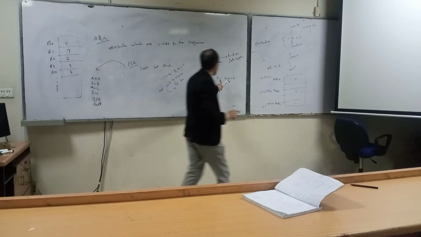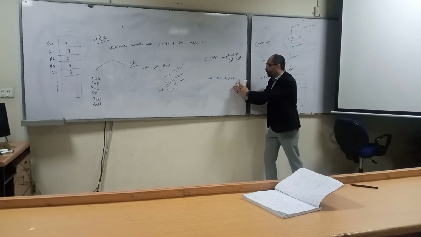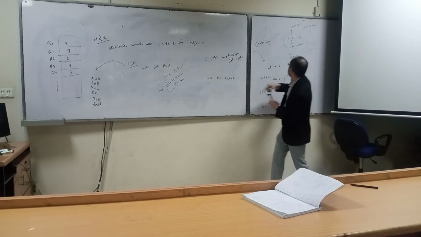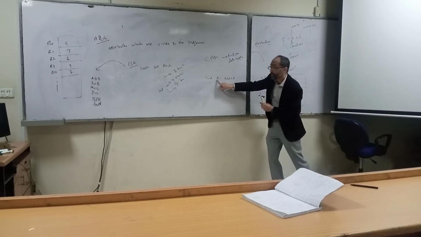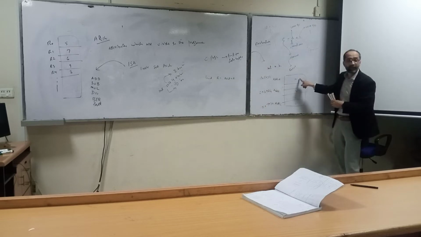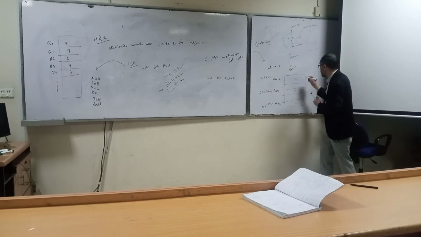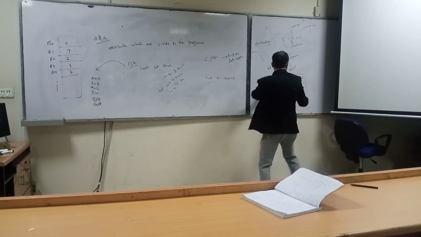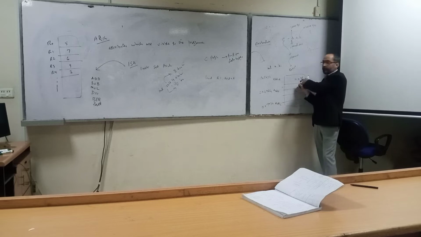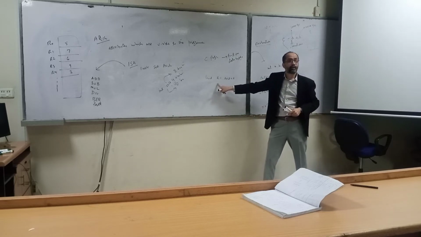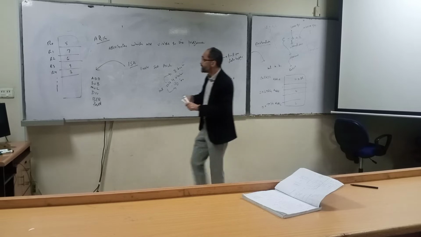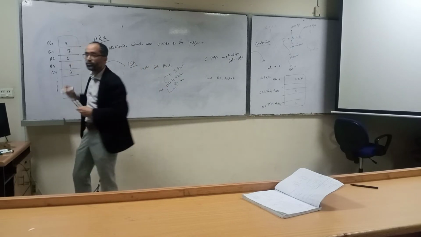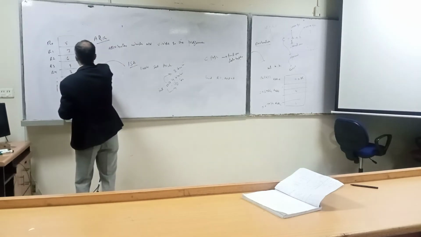So load R1 with the address of A, what will happen? R1 is loaded with the value of A. Let's assume that the value of A is 35. This value of 35 will be loaded in which register? R1. And the old contents of the register will be modified. What will be the new contents? 35.